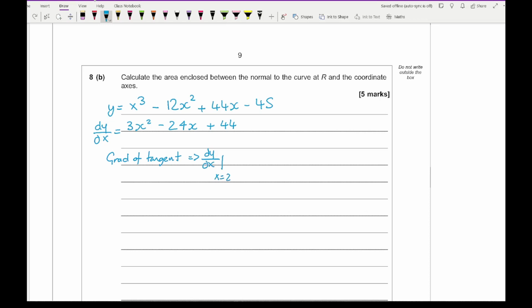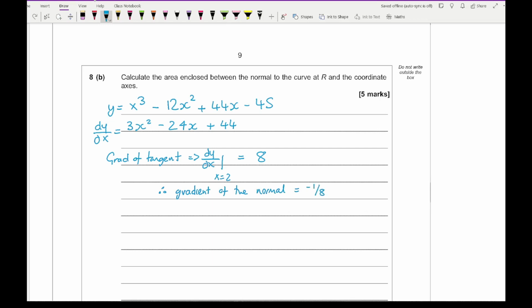If I substitute this into my calculator, I get the gradient of the tangent to be positive 8. So therefore, the gradient of the normal is going to equal the negative reciprocal, which is minus 1/8.